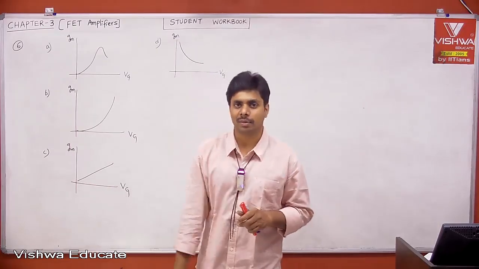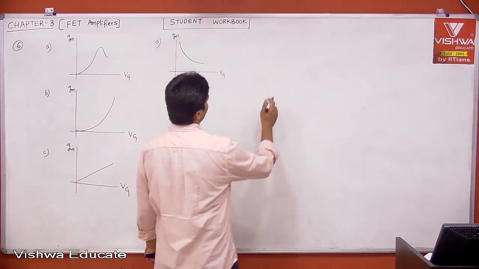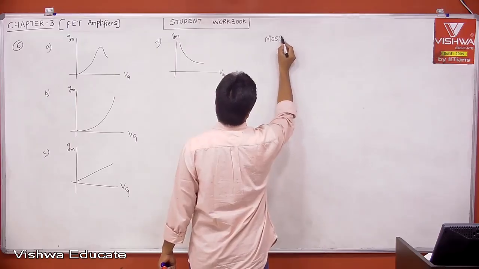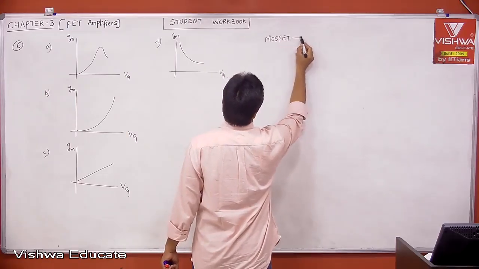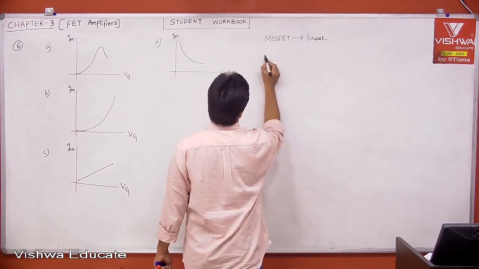Okay, let's see. First of all, let's derive. When the MOSFET is in linear region, tell me what is ID?